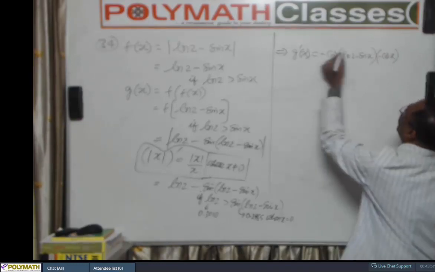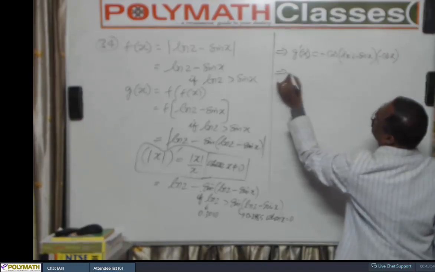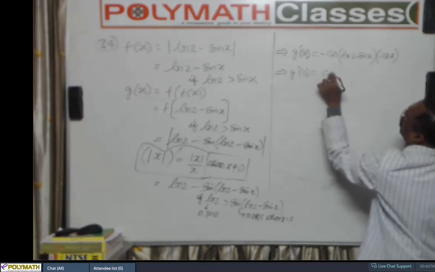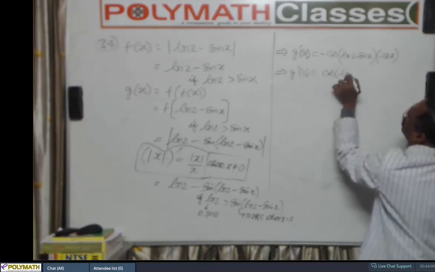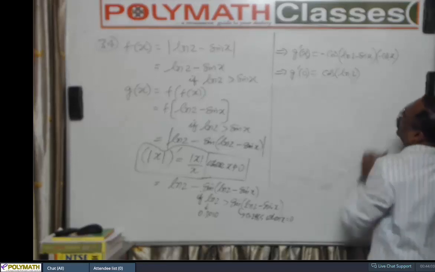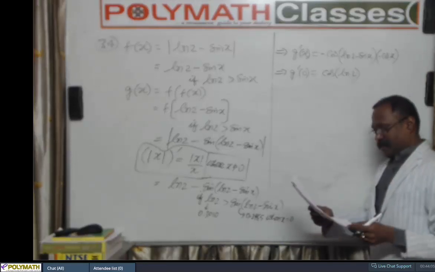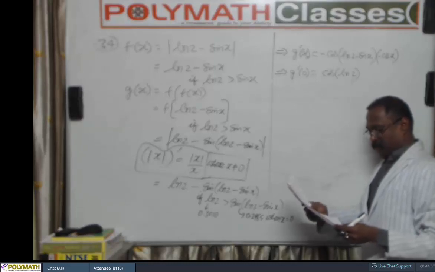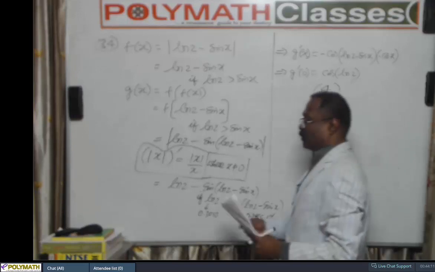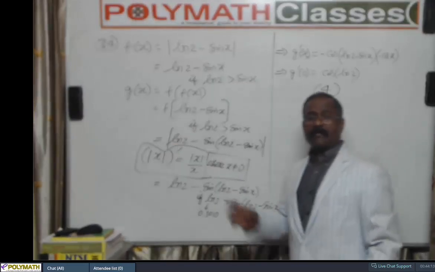Minus or minus becomes plus here, and g dash 0 is nothing but cos of ln2, because cos 0 becomes 1 and sin 0 becomes 0. So it is nothing but option number 4. It is a concept of modulus.